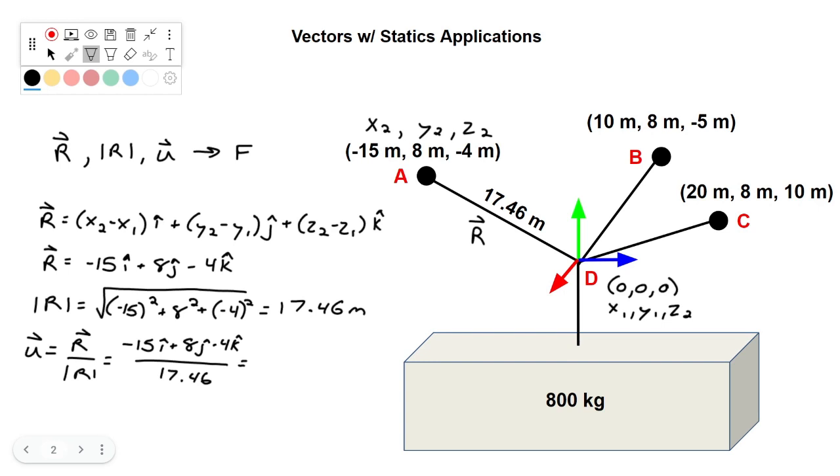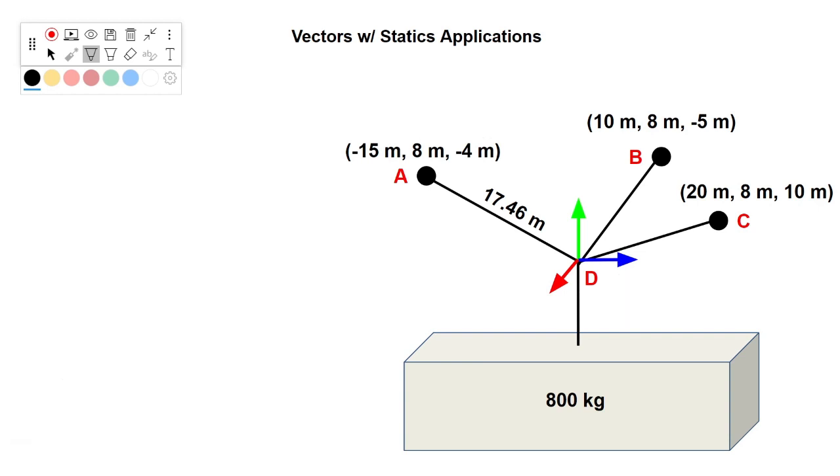So negative 15 divided by 17.46 gives us negative 0.86i. 8 divided by 17.46 gives us positive 0.46j. And negative 4 divided by 17.46 gives us negative 0.23k.